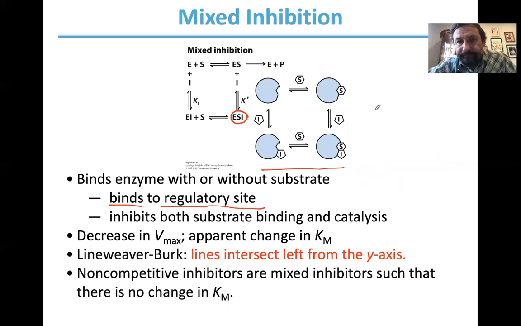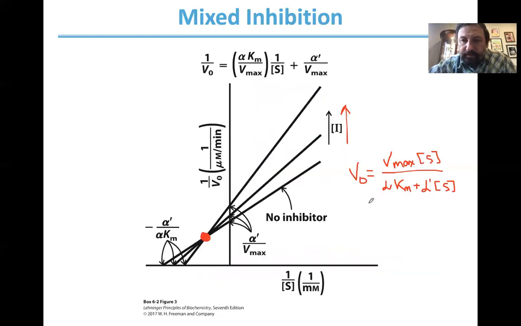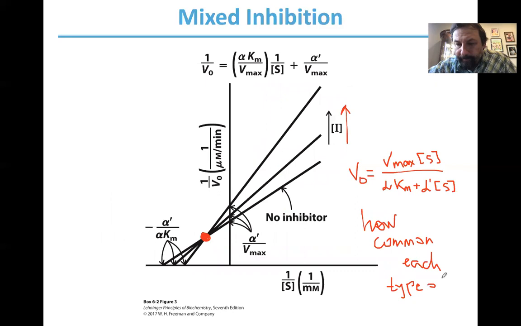How common? I'll put it in the discussion section: how common is each type of inhibition?